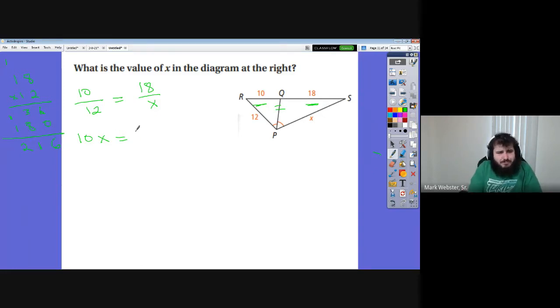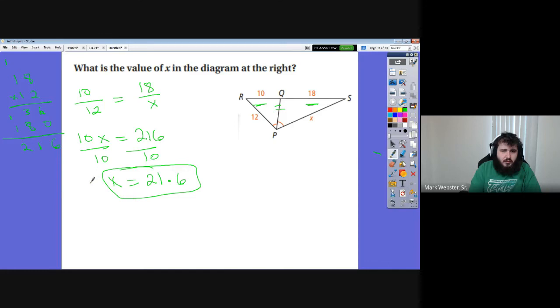Can't count. And divide both sides by 10. 21.6. Okay.